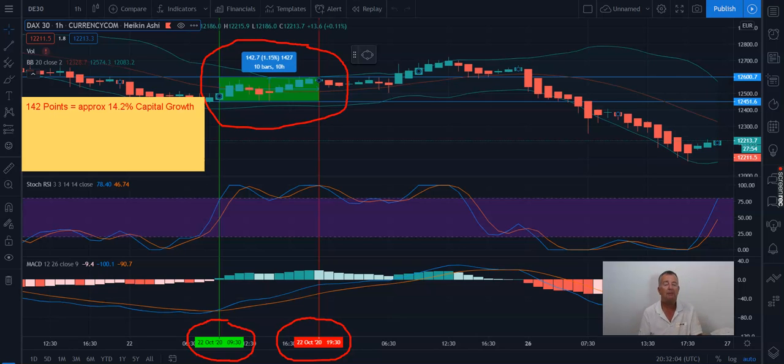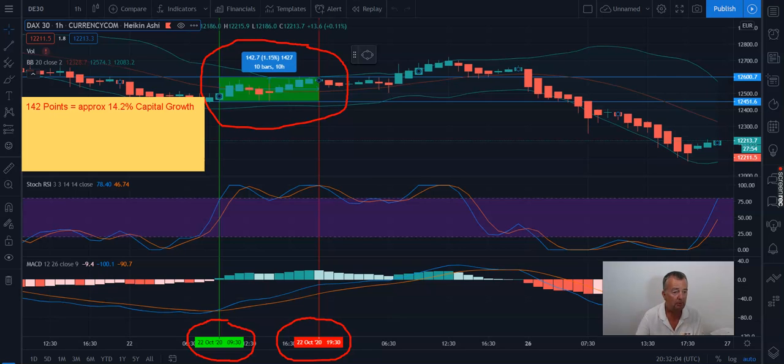Now, if you're looking at getting involved in trading these financial markets and you're wondering if you can make money, and can you see your capital grow, can you imagine being able to see your capital grow by 14.2% literally within the same day, in fact within 10 hours.